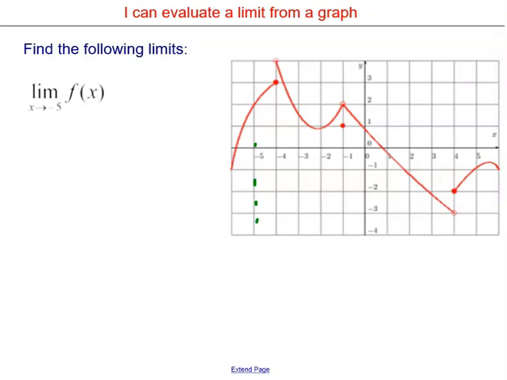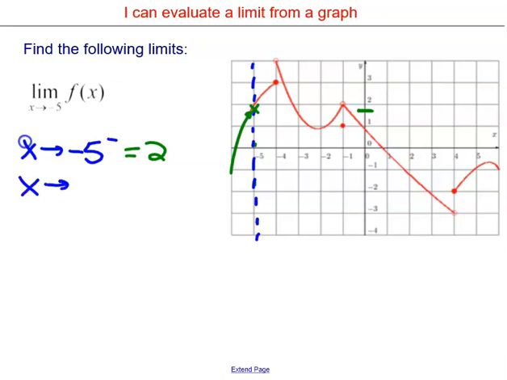Okay, if we look at this one, as x approaches -5 from the left. So this here is -5. As it approaches from the left, it looks like it ends up at 2. The y value is 2.